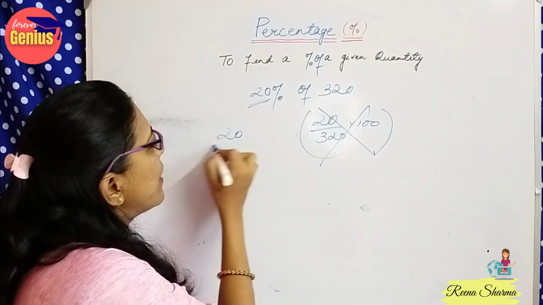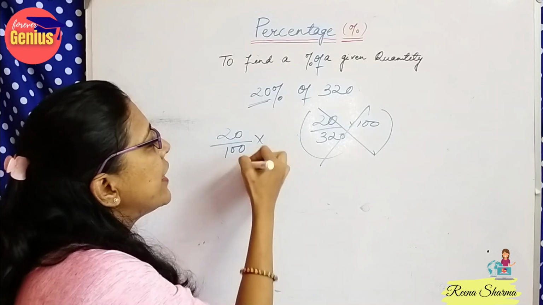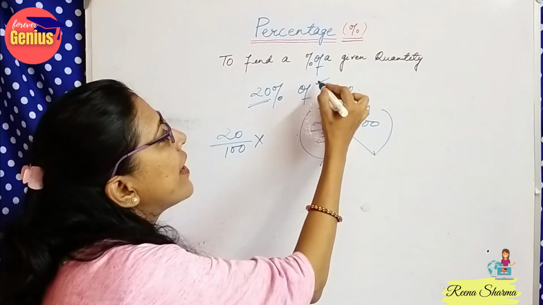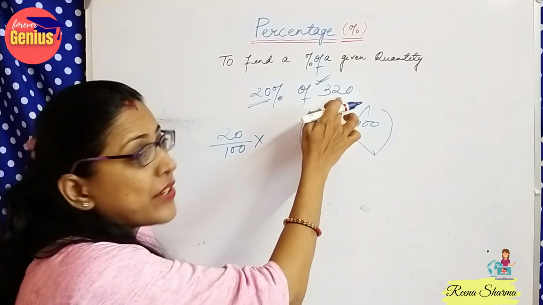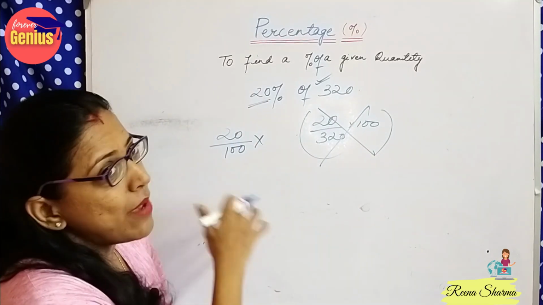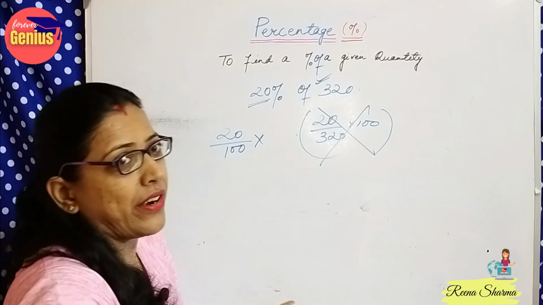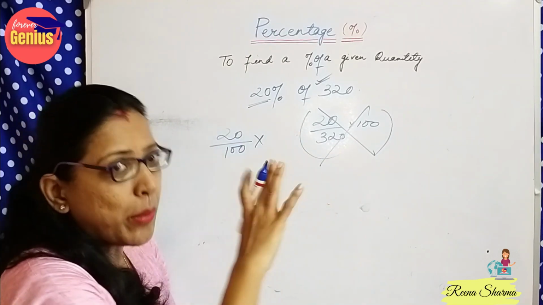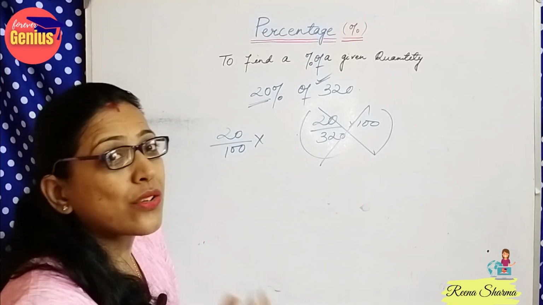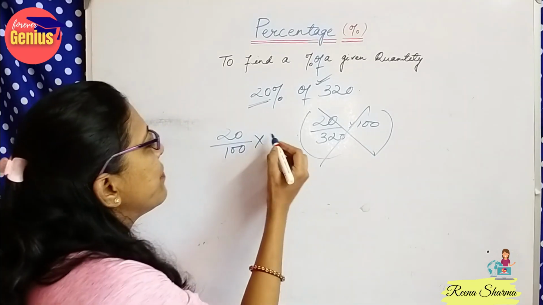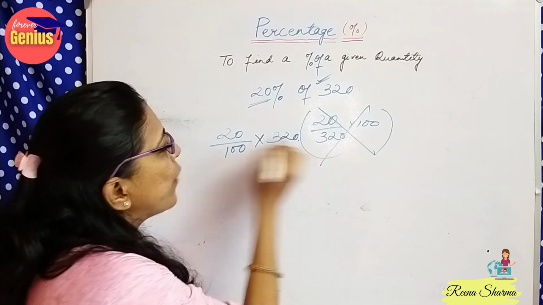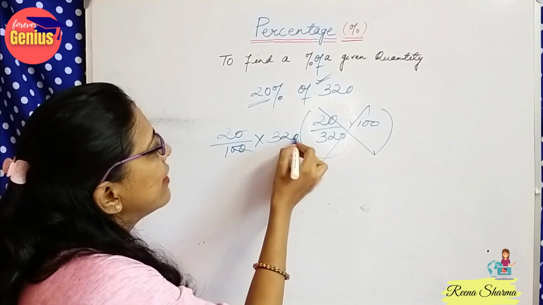So 20 by 100 into the given number, because I have to find 20% of 320. I am not finding 20% of 100. If I multiply with 100, I am changing the equation itself, and the meaning of the question is changed. So 20 by 100 into 320.